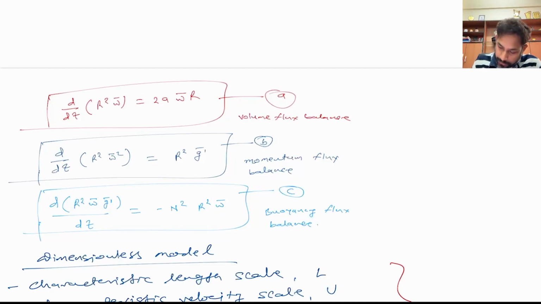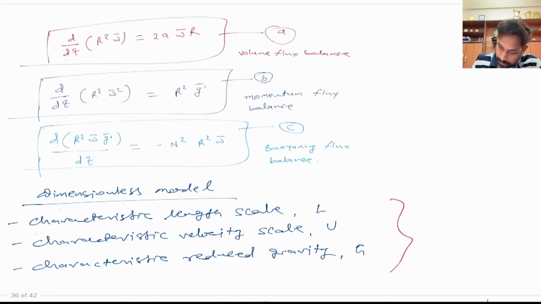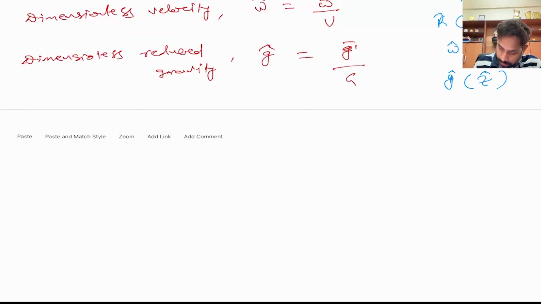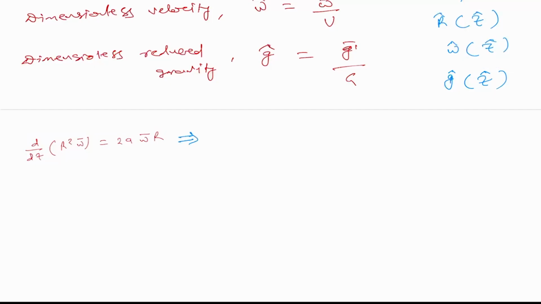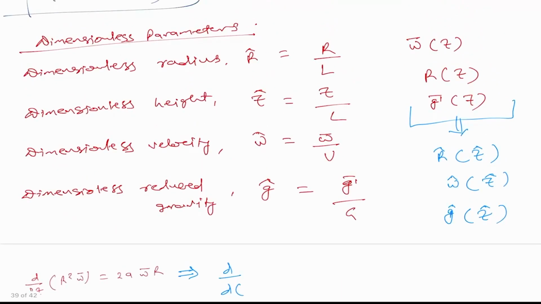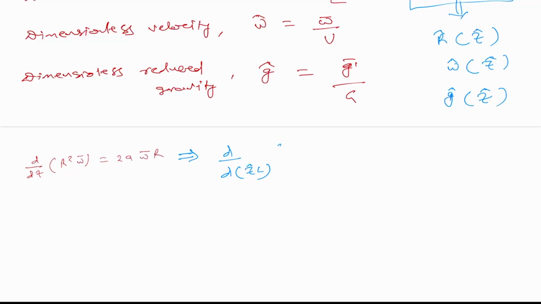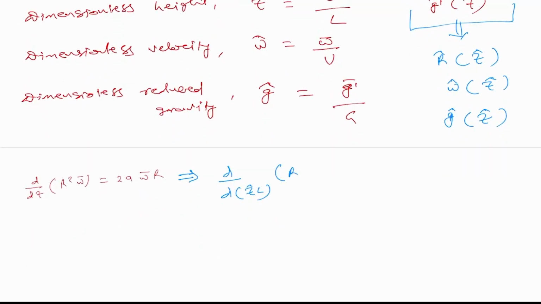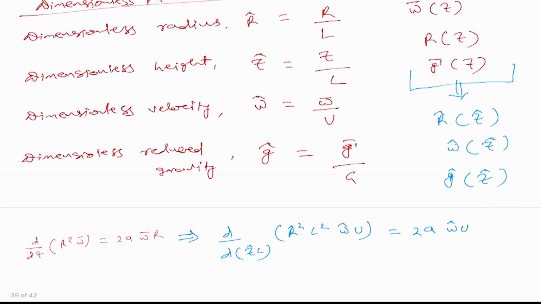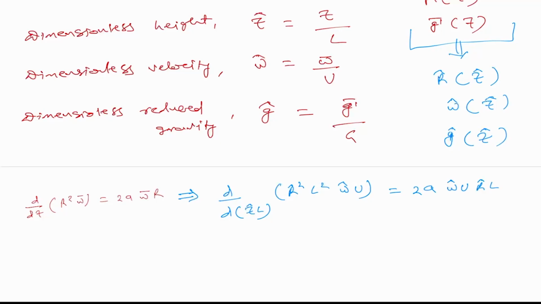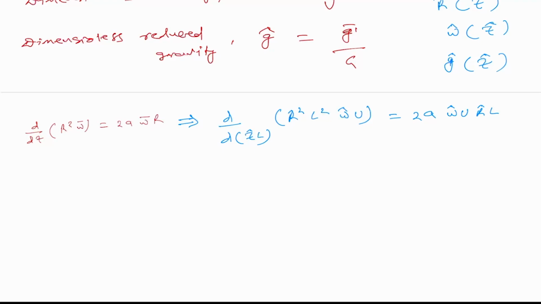Let's start with this equation. Here you can write z as z hat L, R square as R hat square L square, and W bar as W hat U, which must be equal to 2A times W hat U on the other side, and R should be R hat L. All these capital terms can be taken out.